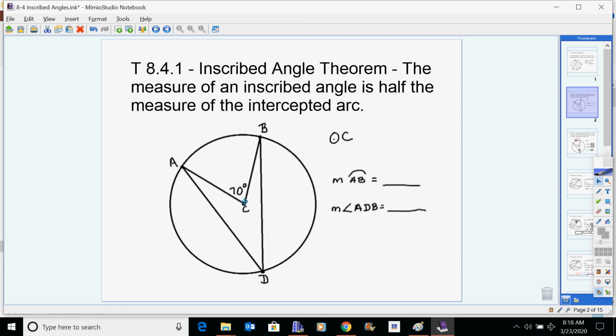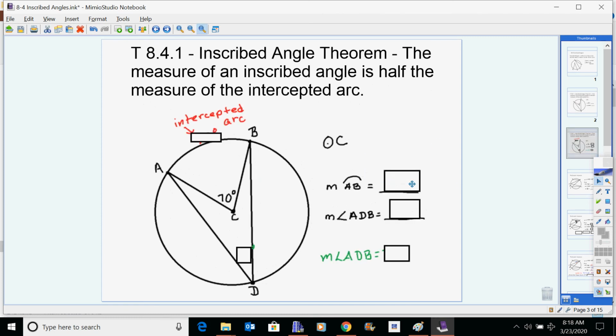The reason central angles are important is, remember, a central angle is the same number of degrees as the arc that it intercepts. So arc AB has a measurement of 70 degrees simply by the definition of how many degrees are in an arc.